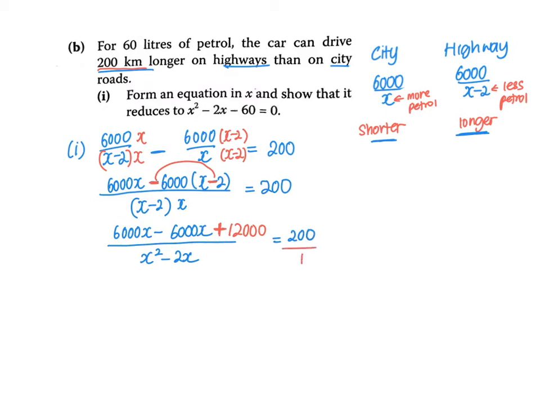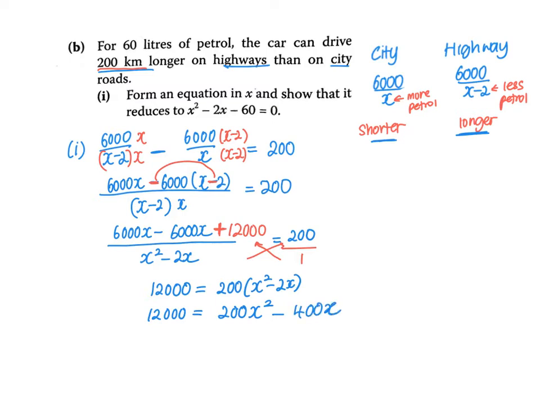Next, we can cross multiply, and we'll get 12,000, and this one will be 200 times x squared minus 2x. Expanding it, we'll get 200 times x squared minus 2x.